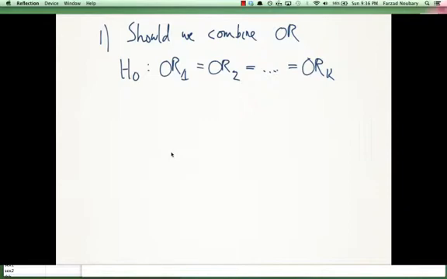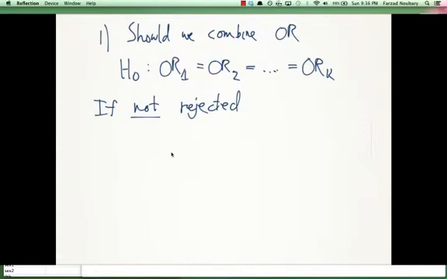And so we do that test of homogeneity first. If it's rejected, remember, what we conclude is that at least one of the odds ratios is different, and then we report separate odds ratios. We say here's the odds ratio for men and here's the odds ratio for women, for example.